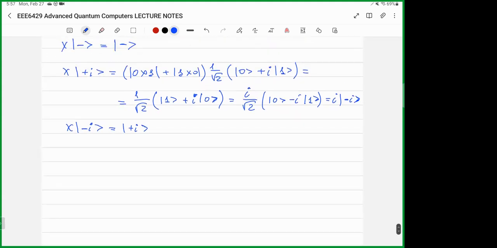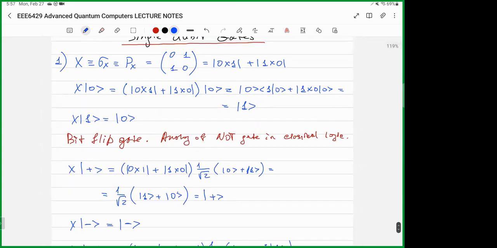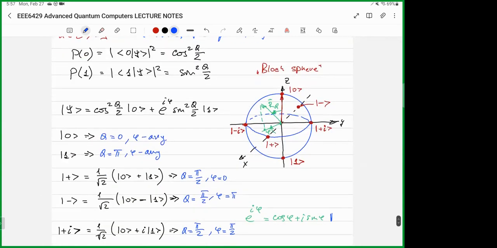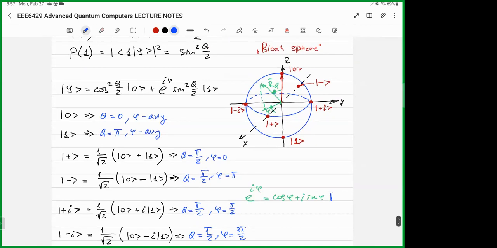So from this analysis, I see that what this gate basically does is rotate the vector state in the Bloch sphere representation over axis x by angle of pi, a 180 degrees rotation.